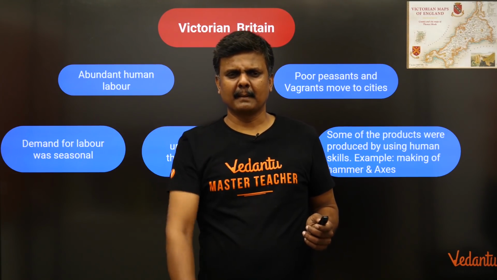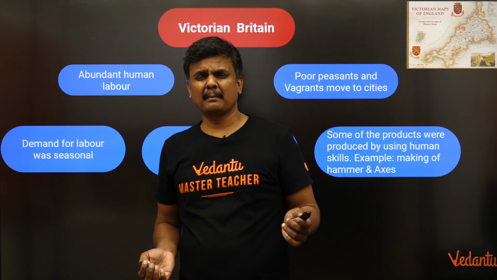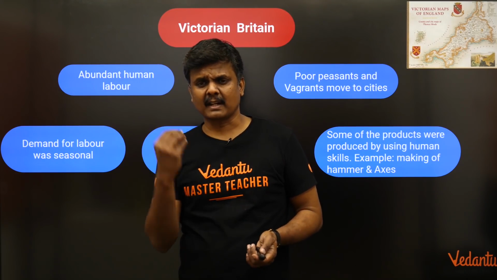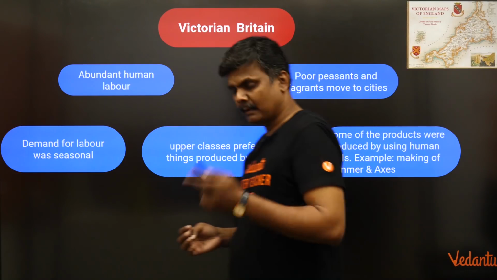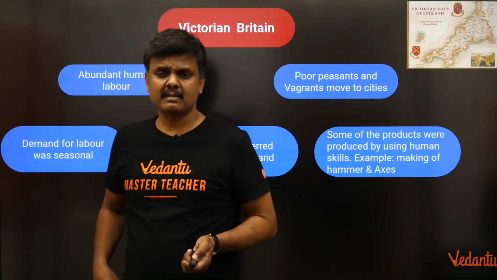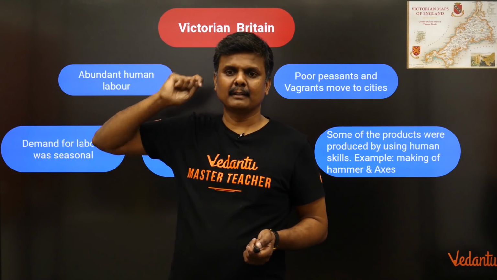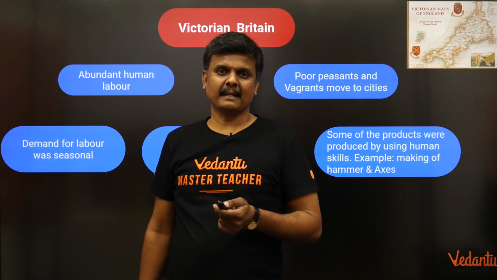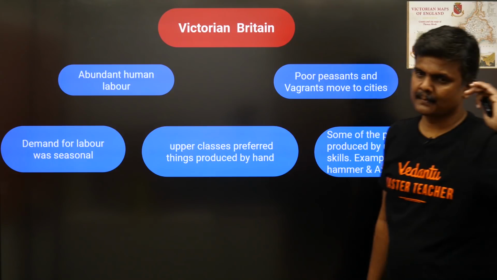A lot of peasants were there without any work, and the demand for labor was also very seasonal. Only when it was required, people were called for work. And one more thing: unlike industries, people in the higher class wanted handcrafted goods. Guys, this is something interesting. People in the upper class wanted handcrafted goods.